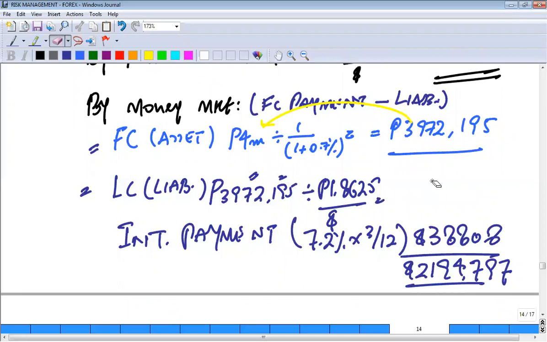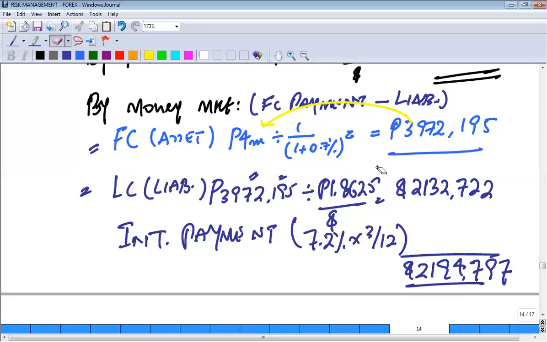So that becomes 2,132,722 and we make an interest payment. 2,132,722 into 7.2% into 3 divided by 12.